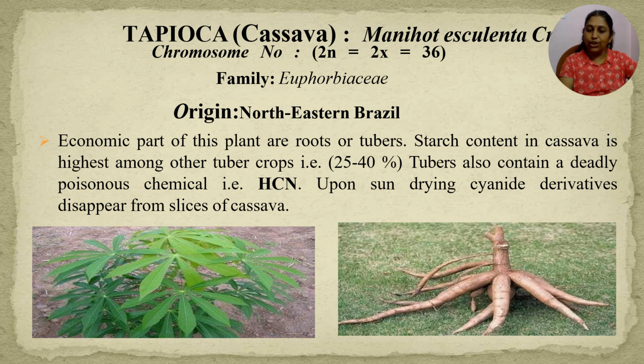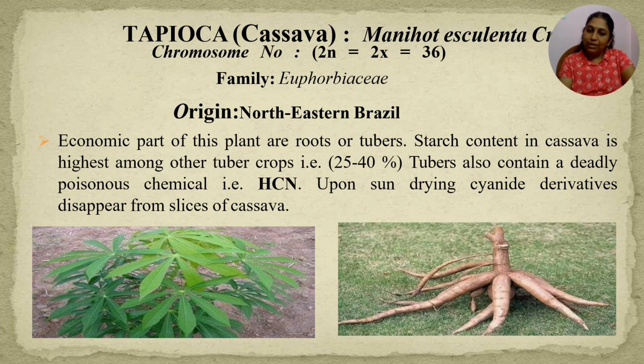Based on the starch content, it will be decided whether we are going to use the particular variety for vegetable or for value addition. If it contains high starch content, it will be used in the sago factory, and vermicelli and chips and many value added products can be prepared from the highest starch containing varieties.